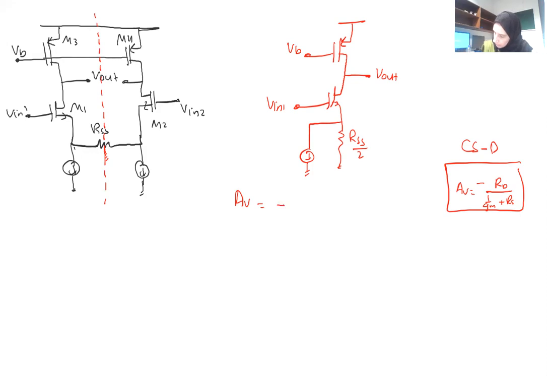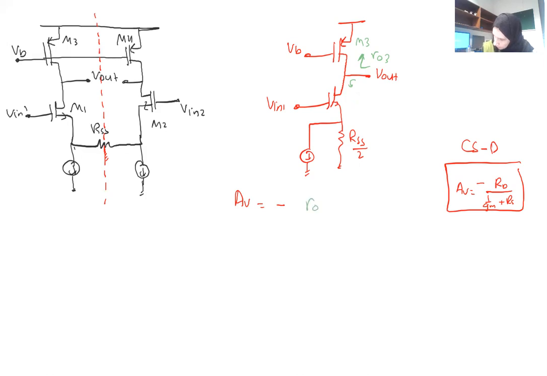So we will have our RD here, this transistor M3. We have here R out 1 to make sure that it's going to be a cascade. So the different thing is R out.